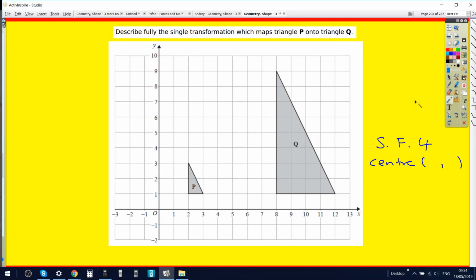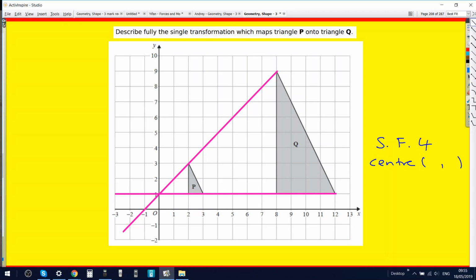How would you find the center? Would it be 6 across? I'm not sure. You'll just join them up. And so center of enlargement.